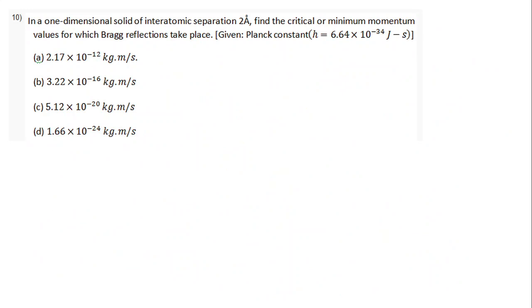Okay. One more question. In a 1D solid of interatomic separation 2 angstrom, interatomic separation means this lattice constant is 2 angstrom, and the critical or minimum momentum value for which Bragg reflection takes place. Okay, we are talking about Bragg reflection, means this comes.